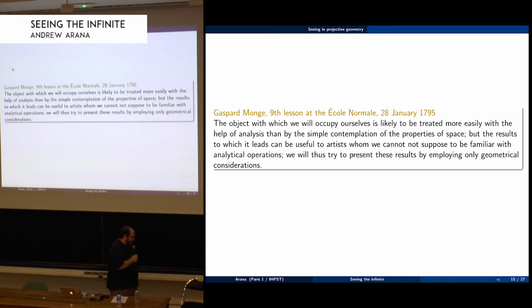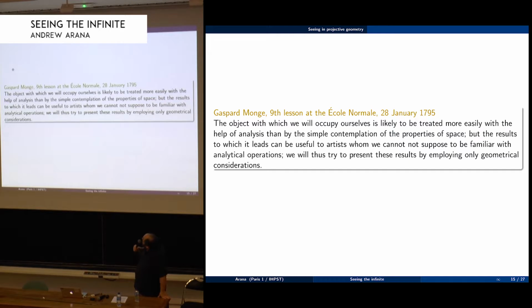And Monge explained this take in which, though he was quite aware of algebraic approaches to mathematics, he found himself also giving very figure-based constructions. And he explains here, this is from one of his lectures in 1795, his first year at the École Normale.